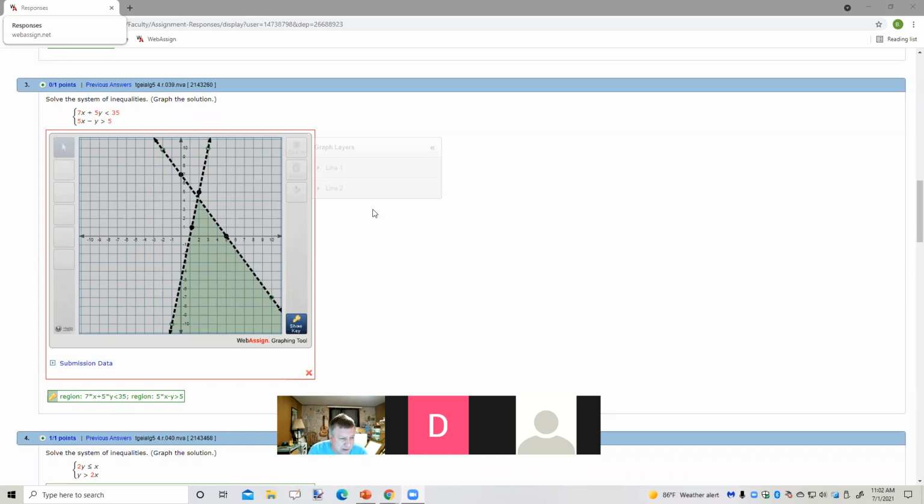I bet I know what's wrong. Let me ask you this. When you plotted those lines, did you use the box over here that has points, or did you use the box over here that has lines? I did lines. You did lines.